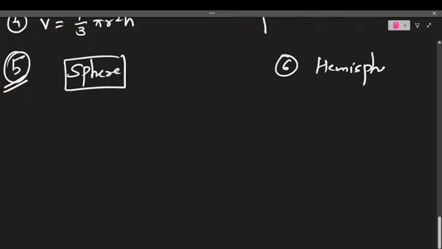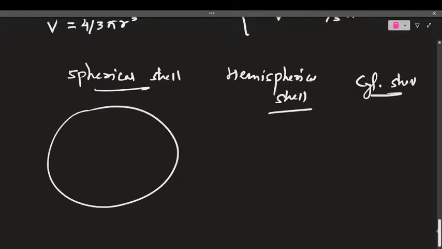If a sphere is not in solid form, but rather hollow, you call it a spherical shell. For its volume, you subtract the volume of the two spheres that you observe. You take the radius of the smaller part and the radius of the larger part, and the volume is 4 over 3 pi, capital R cube minus small r cube. You can do the same with a hemisphere and a cylinder.